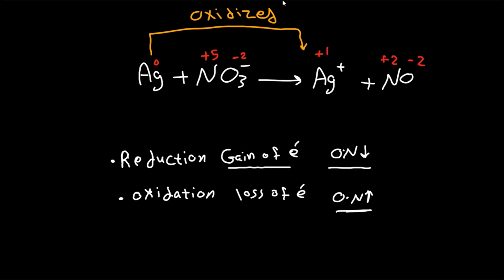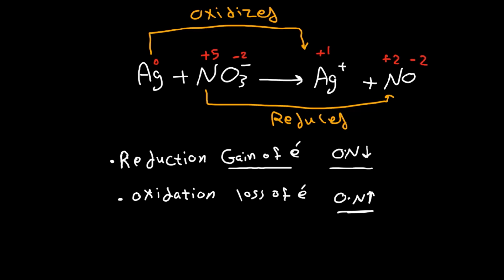It was +5 and it became +2. So nitrogen gained electrons, so it's reduced. And oxygen was -2 and it became -2, so nothing happened to oxygen.